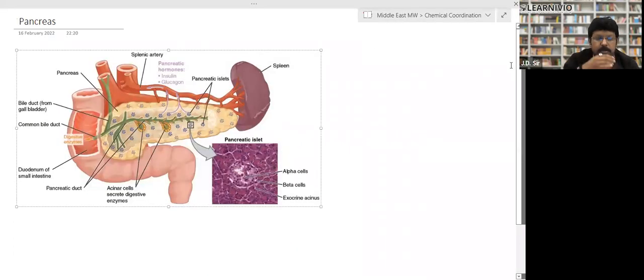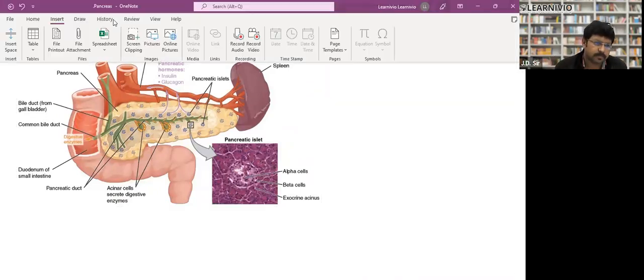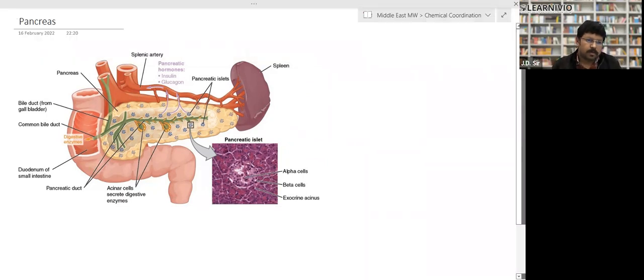Here we have two things. This part is called spleen. Try to understand the structure. This is called graveyard of RBC. It has nothing to do with the pancreas, but I am telling you because you won't get a spleen diagram in any book. After the death of RBC, they come over here, so it is called graveyard of RBC.